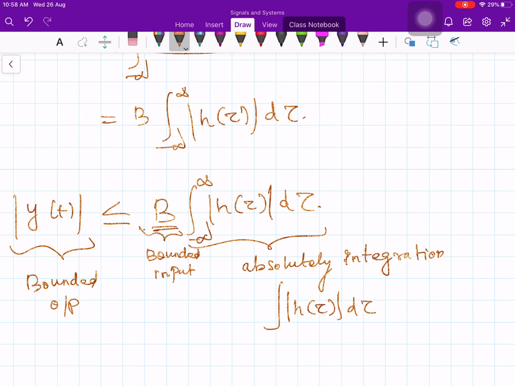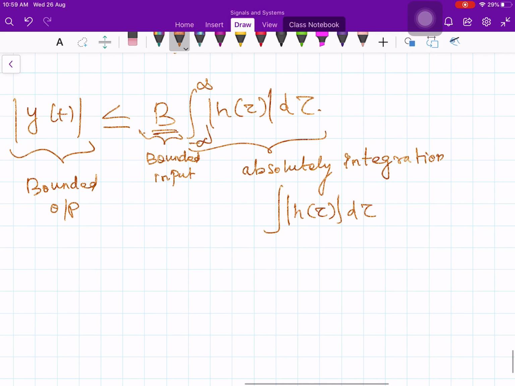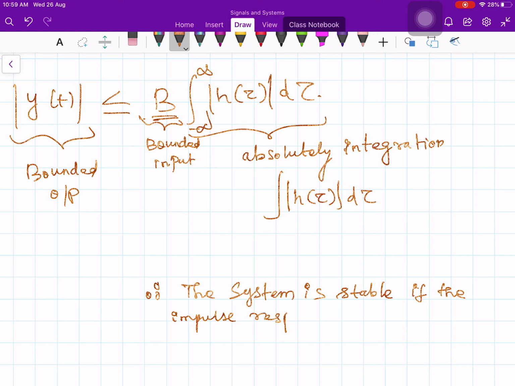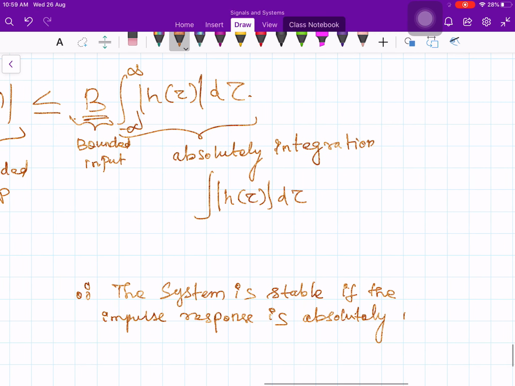The final point is the system is stable if the impulse response is absolutely integrable. For the discrete time case, it is absolutely summable. That's it.